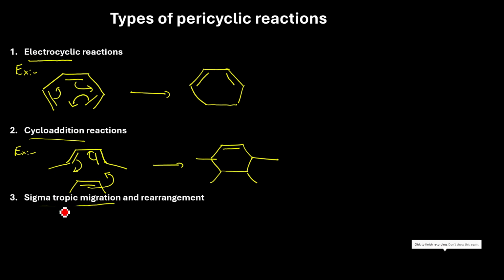Okay, now let's talk about sigmatropic migration and rearrangement, right? So let me first take this rearrangement. We are going to talk in more detail about these reactions later, so in this video let's just take this overview and become familiar with these terms and reactions. Now if you look at the rearrangement, I'm going to take an example like this.